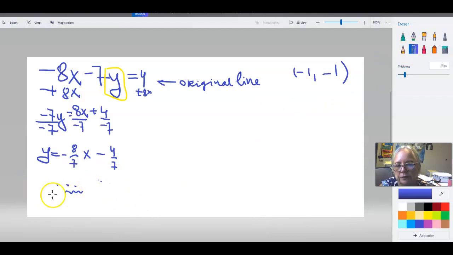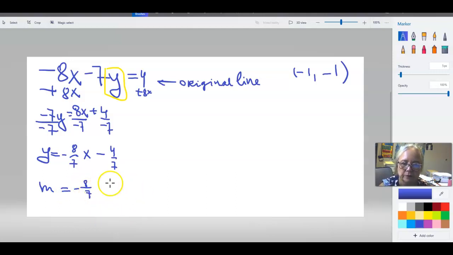And by looking at this equation, we can conclude that the slope of the original line will be -8/7. That means that if you need to get the equation of a parallel line, the slope of the parallel line will be -8/7. We can do it either using point slope form of the equation or straight plug-in.